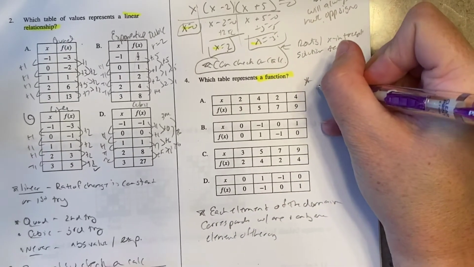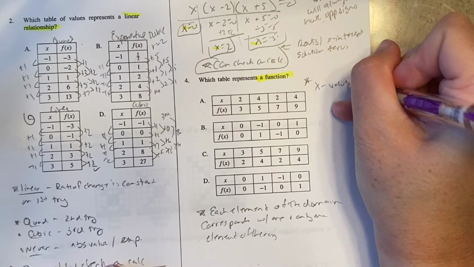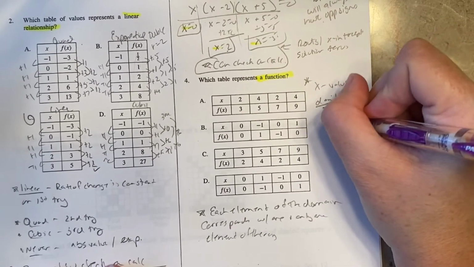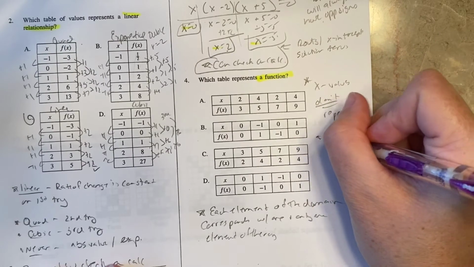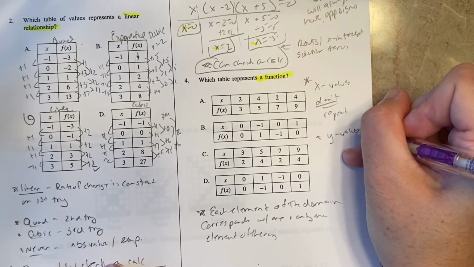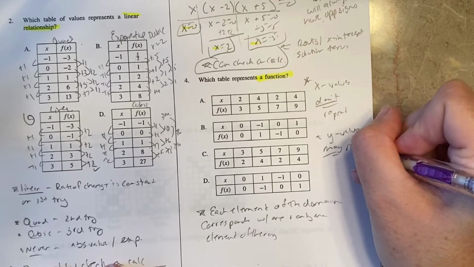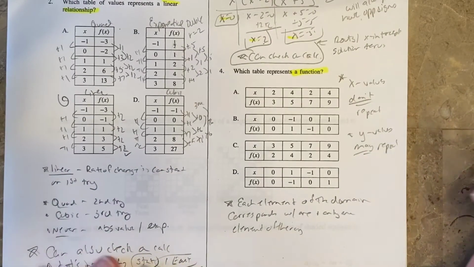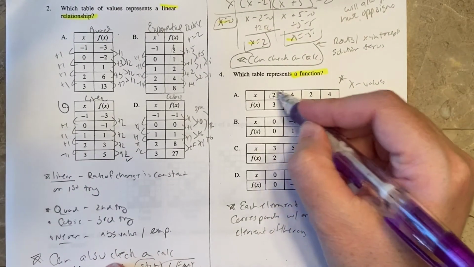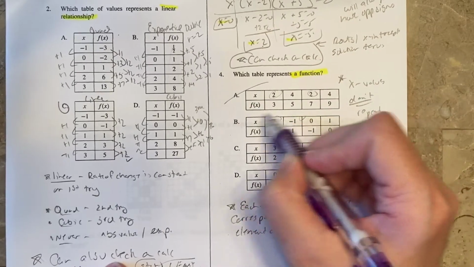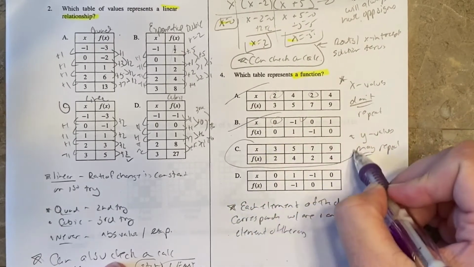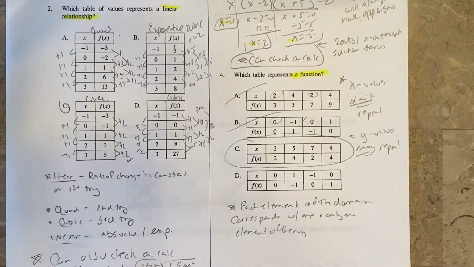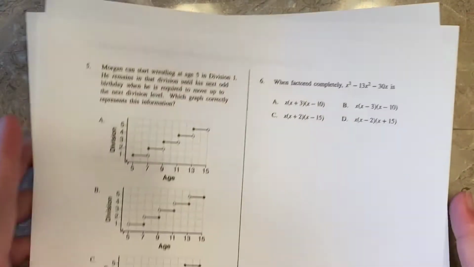Okay, so you're looking for where the x values do not repeat, okay, but the y values, those can repeat, and the Regents might, you know, make them repeat on purpose, so don't think it's wrong. All right, so those repeat, so that's no good. Those repeat, no good, 3/5. So that is our winner. C is our winner.